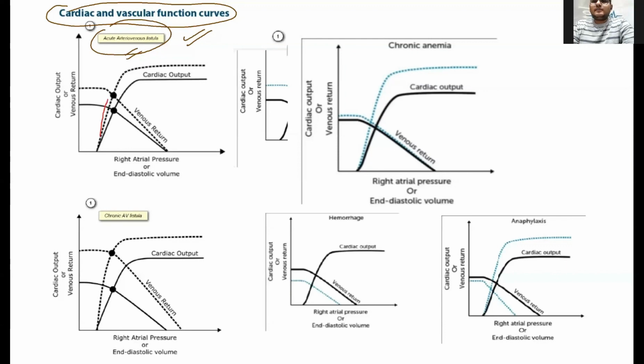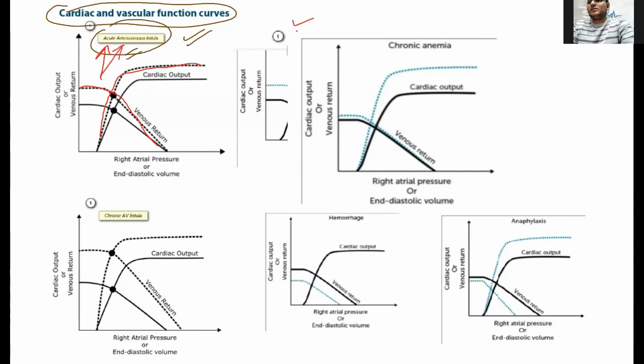This dotted line and this dotted line show the change seen in acute arteriovenous fistula. Okay, the dotted lines are in the different diseases. The full lines are normal, but the dotted lines are in the different conditions.